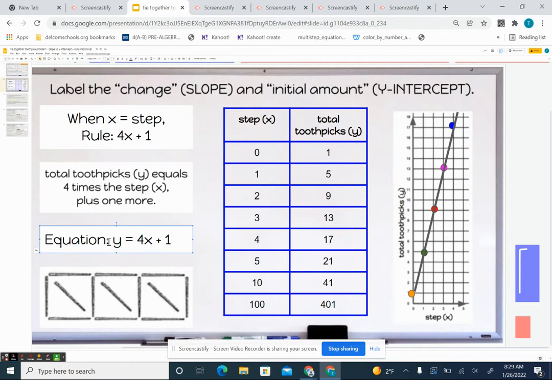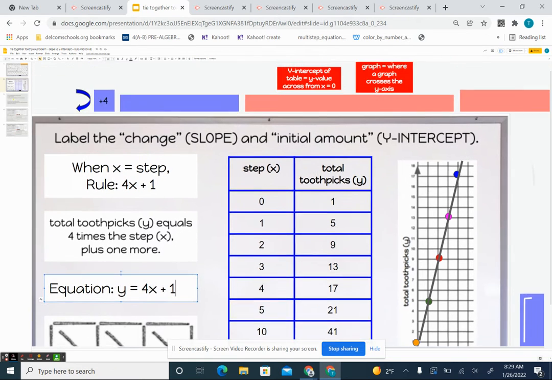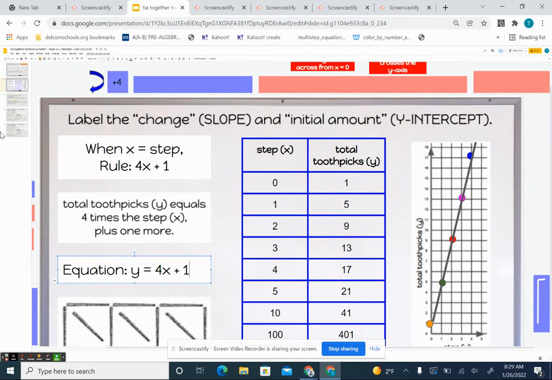What I want to do is take this relationship and look at everything that has to do with change. All these pieces are up above your slide or beside it. I'm going to think of all the things that are change, so I'm going to bring that blue highlighter down over change, because there's a bunch of pieces to this relationship that have to do with change, which is slope.